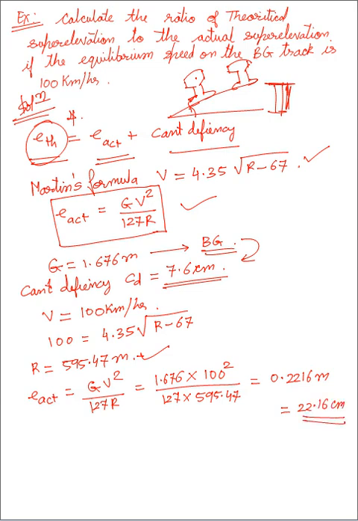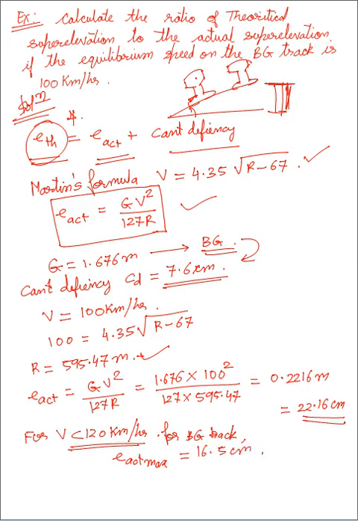Now we know cant deficiency and we know actual super elevation, right? But one more thing, just remember, for V less than 120 km per hour, see this you have to remember, we have velocity 100 km per hour which is less than 120 kilometer per hour for BG track, the maximum actual super elevation maximum value is 16.5 centimeter.